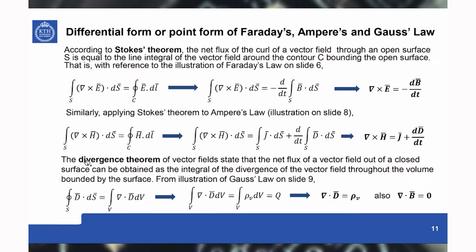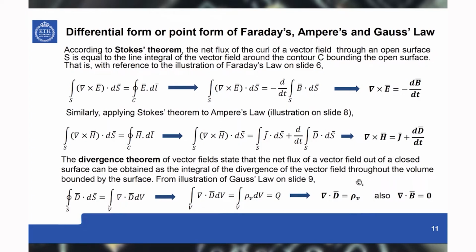Now for deriving the Gauss law, whether it is for electric field or magnetic field, we use the divergence theorem of vector fields, which states that the net flux of a vector field out of a closed surface can be obtained as the integral of the divergence of the vector field throughout the volume bounded by the surface.